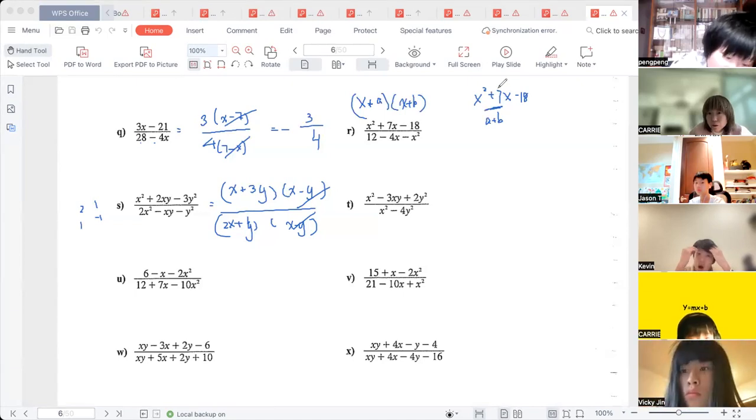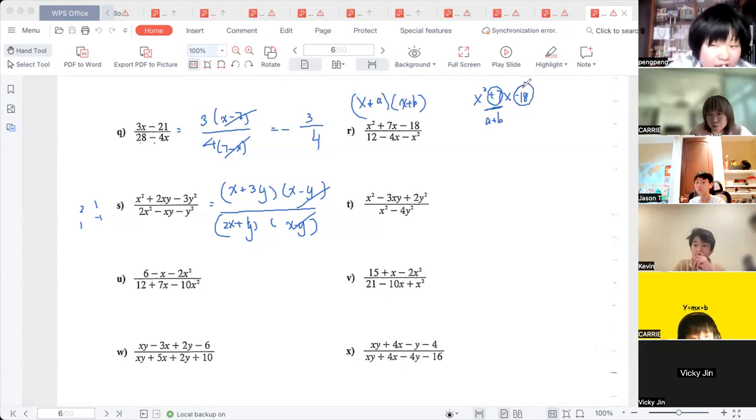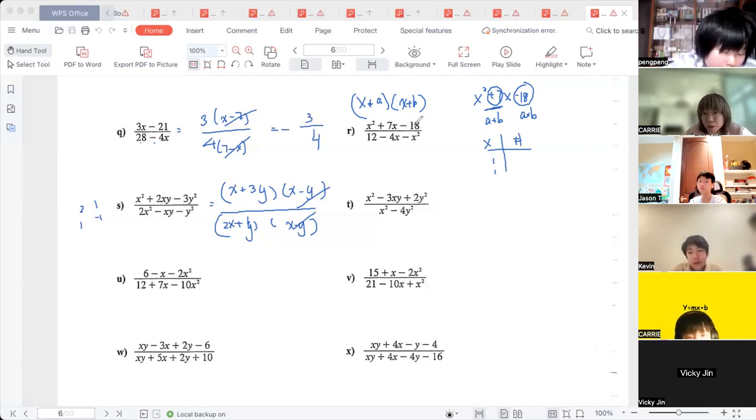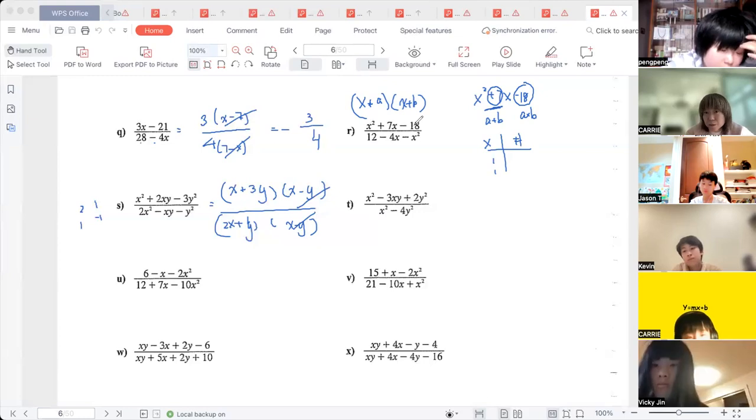So we know this positive 7 equals a plus b, and this negative 18 equals a times b. We need to find the values of a and b and put them there. I'll help you do a table. This one is x, this is number. The x is very easy because the coefficient in front of x is 1, so it can only be 1 and 1. There are no other possibilities.